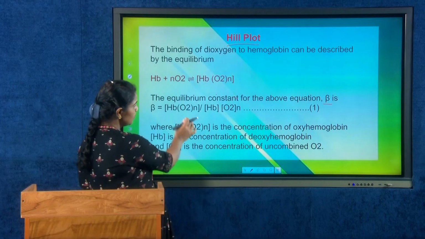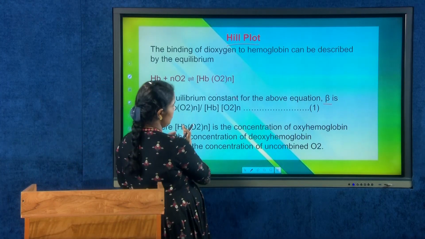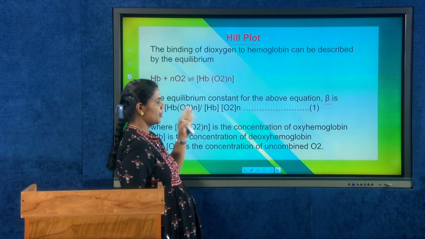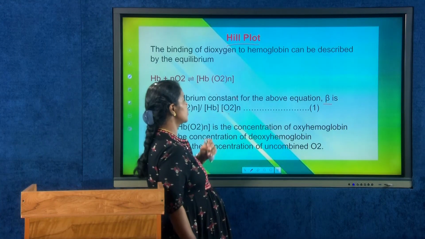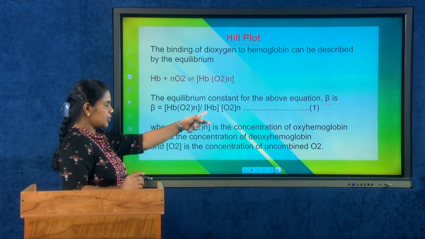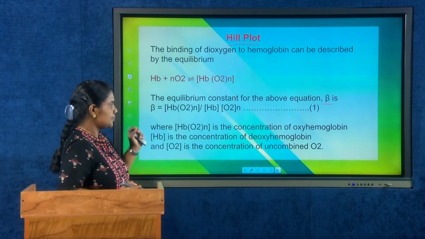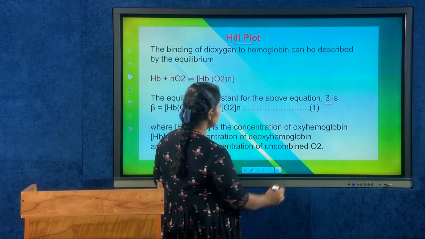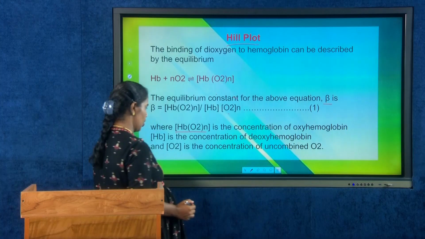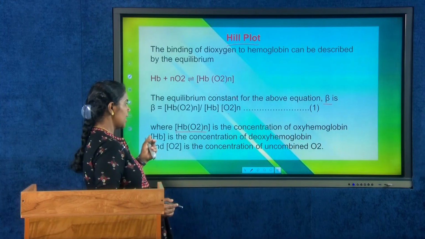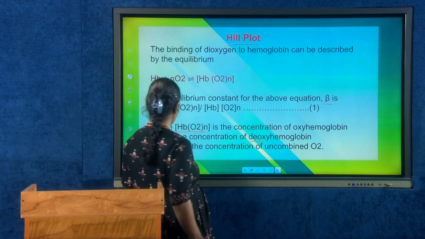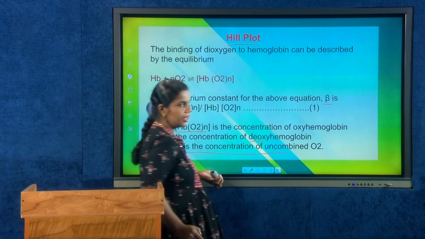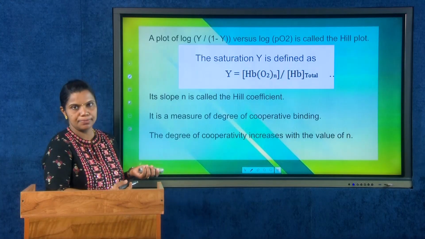It is given by the concentration of HbO2, the bound form, to the power n, divided by the concentration of hemoglobin and the concentration of oxygen to the power n, where HbO2 is the concentration of oxyhemoglobin, Hb is the concentration of deoxyhemoglobin, and oxygen is the concentration of the uncombined oxygen.